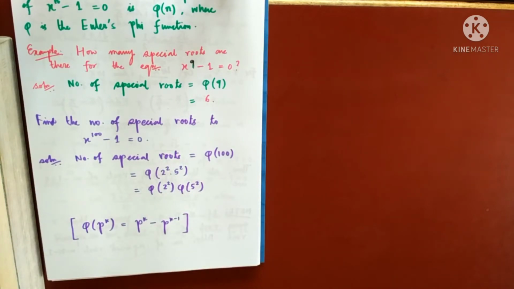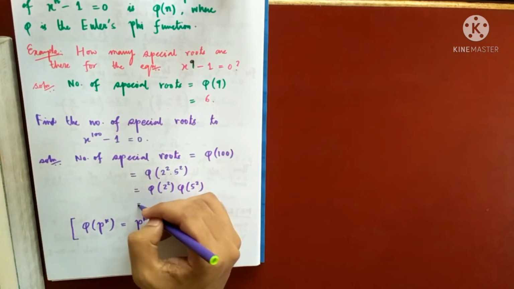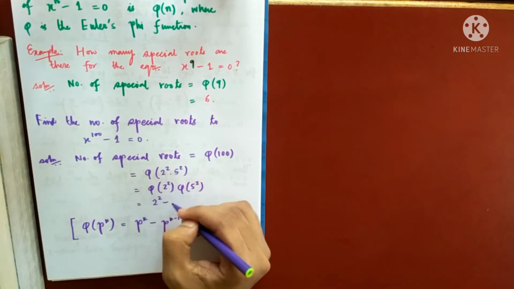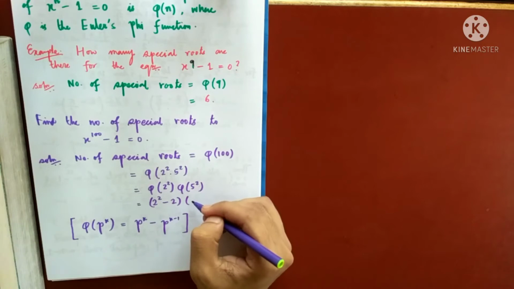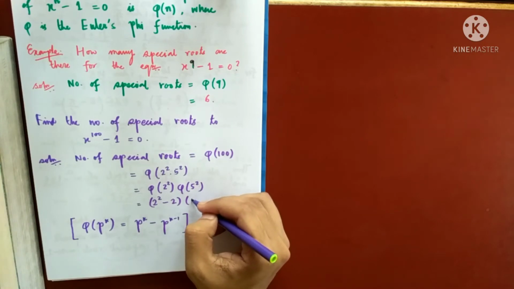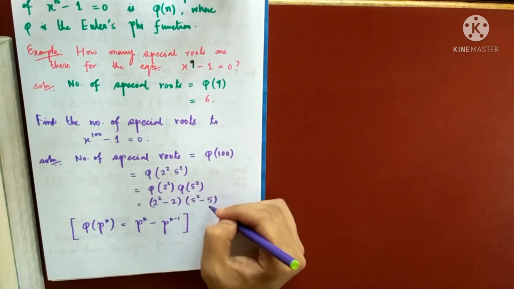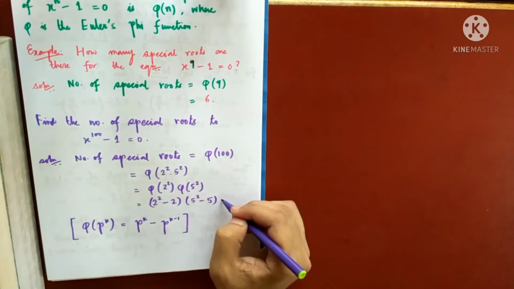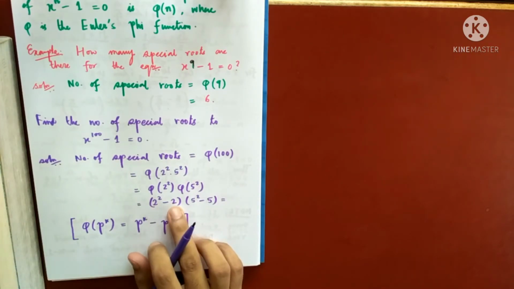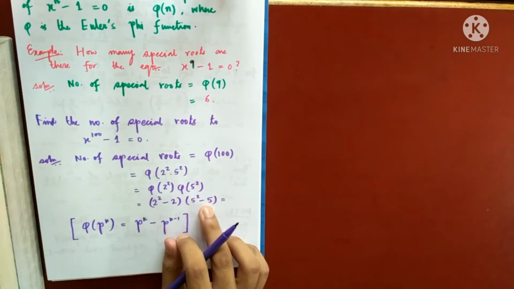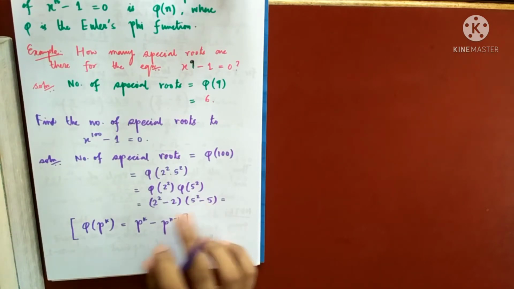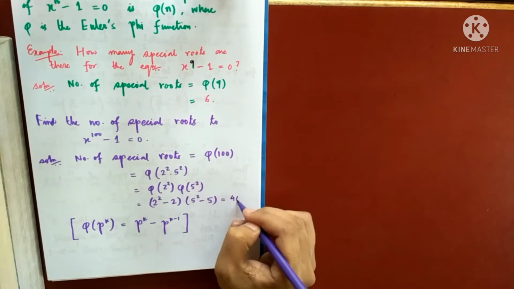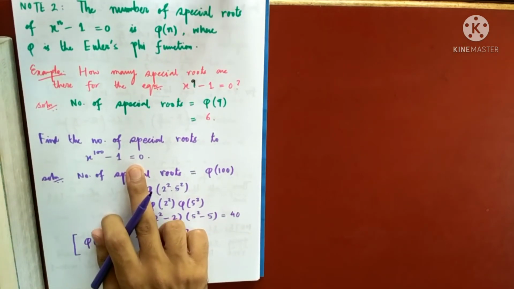So this will become 2 square minus 2, and this will become 5 square minus 5. So this is 4 minus 2 is 2, and this is 25 minus 5 is 20. 20 into 2 is 40. So there are 40 special roots to this equation.